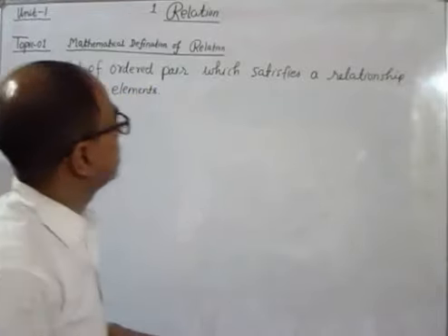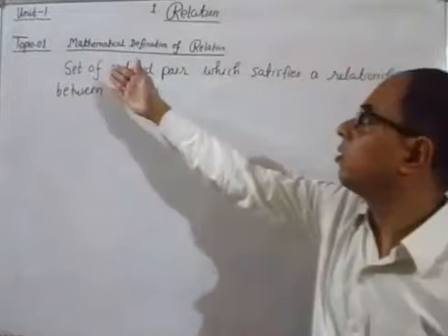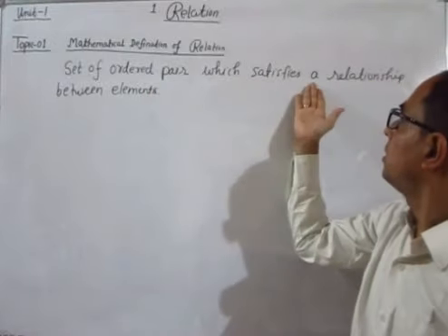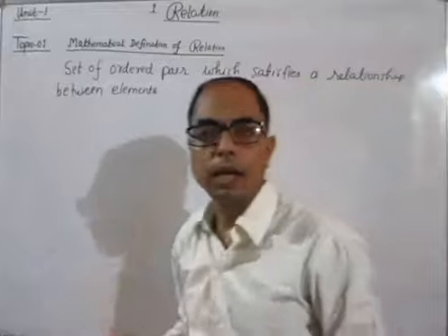So mathematically we can define relation as a set of ordered pairs which satisfies a relationship between elements.